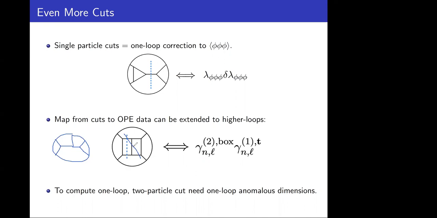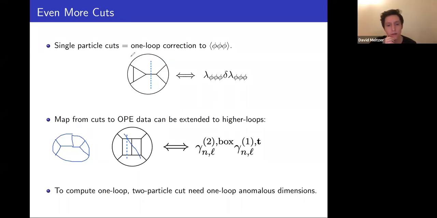Mm-hmm. For example, do you think that this generalization to higher loops that you mentioned is easier in this way of thinking about it? It's definitely easier in the sense that, in our paper, we could compute the two-loop ladder. We can compute this cut where it goes into two 5-point diagrams.